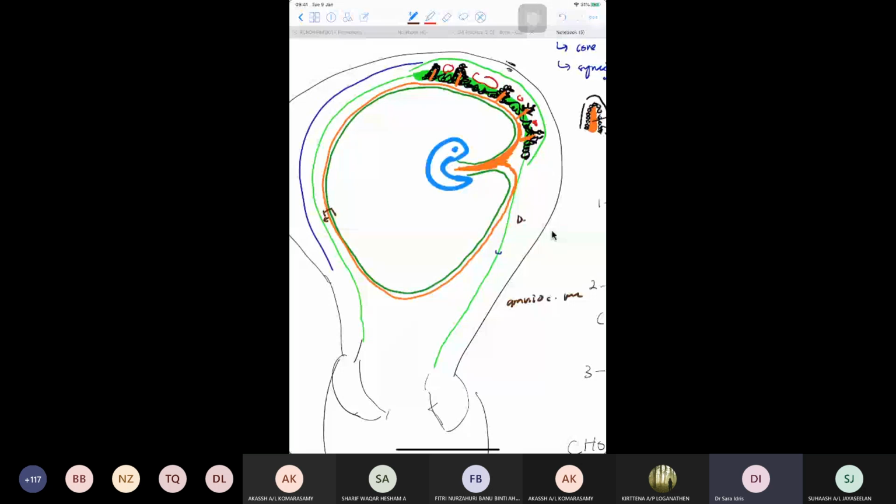That is your decidua parietalis. So the separation was the cytotrophoblasts and the decidua capsularis, which is now all gone. So now the amniochorionic membrane is actually going to come into contact with the decidua parietalis.